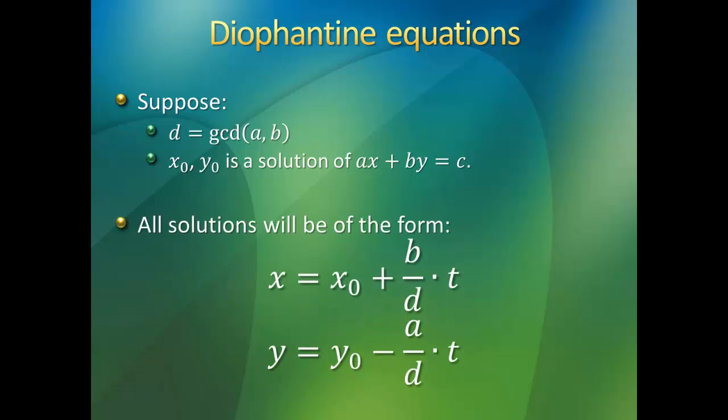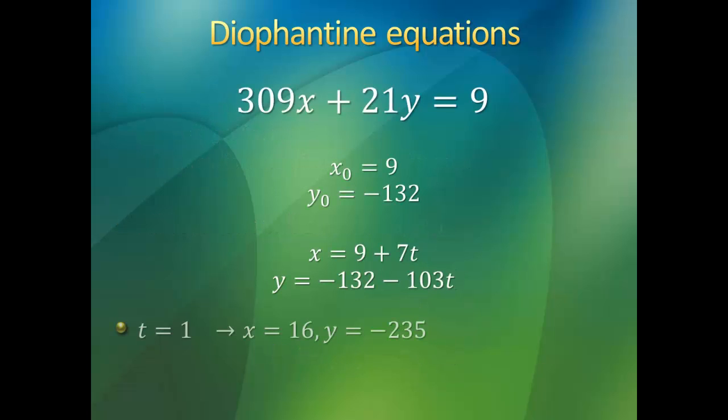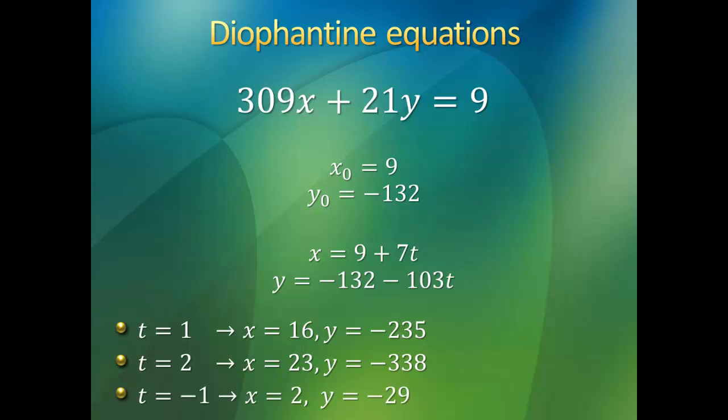Then every other solution of the Diophantine equation will be of the form x equals x0 plus b over d times t, and y equals y0 minus a over d times t, where t can be any integer. So a few more solutions of our equation would be 16 and negative 235 when t equals 1, 23 and negative 338 when t equals 2, and 2 and negative 29 when t equals negative 1.